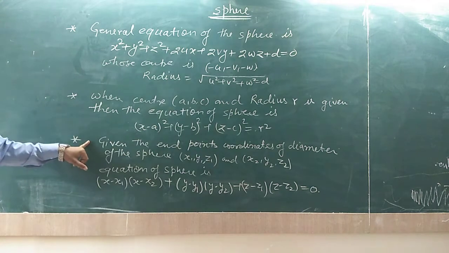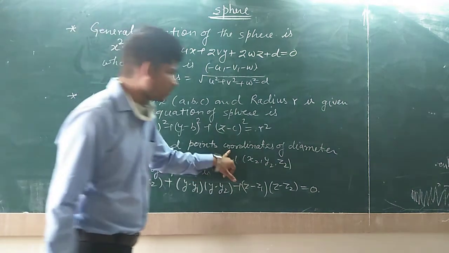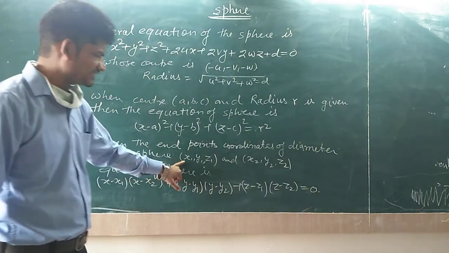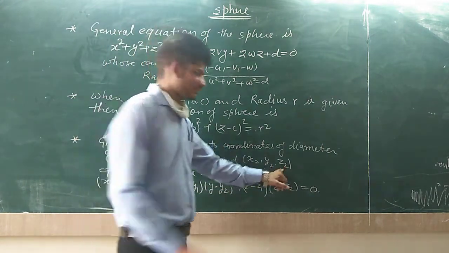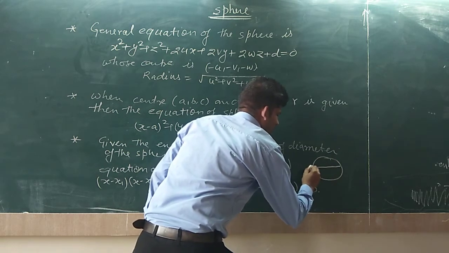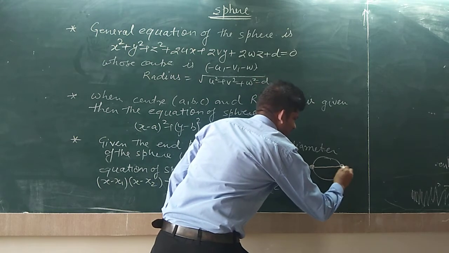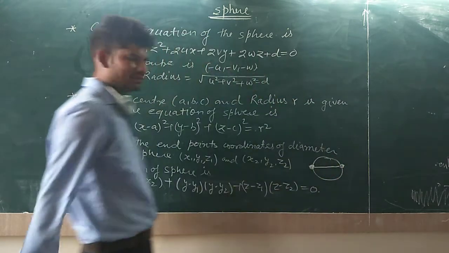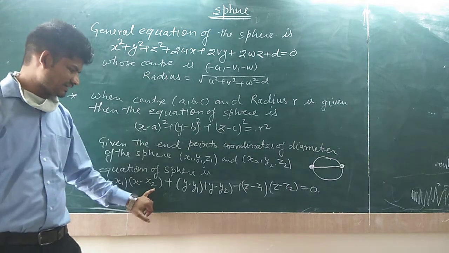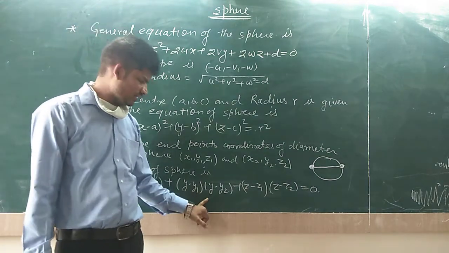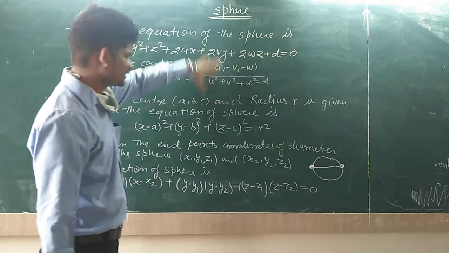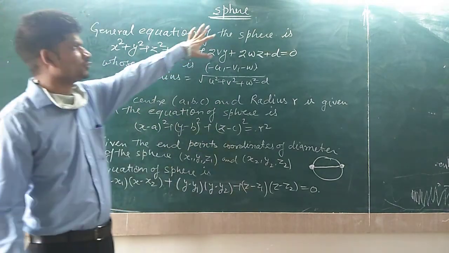And the next topic: given the end point coordinates of the diameter of the sphere are (x1, y1, z1) and (x2, y2, z2), then the equation of the sphere is (x minus x1)(x minus x2) plus (y minus y1)(y minus y2) plus (z minus z1)(z minus z2) equal to 0. These are some formulas related to sphere.